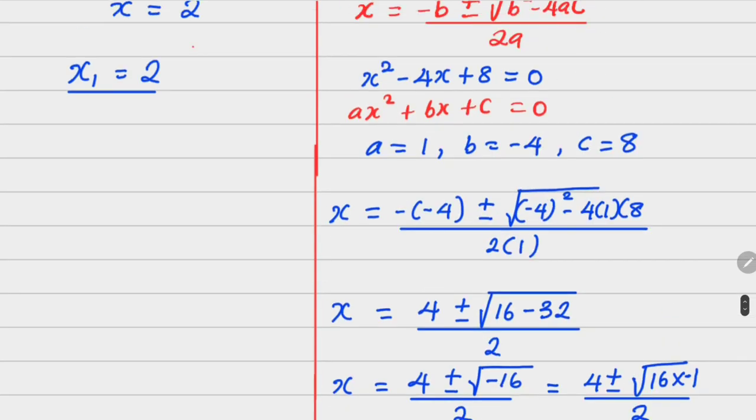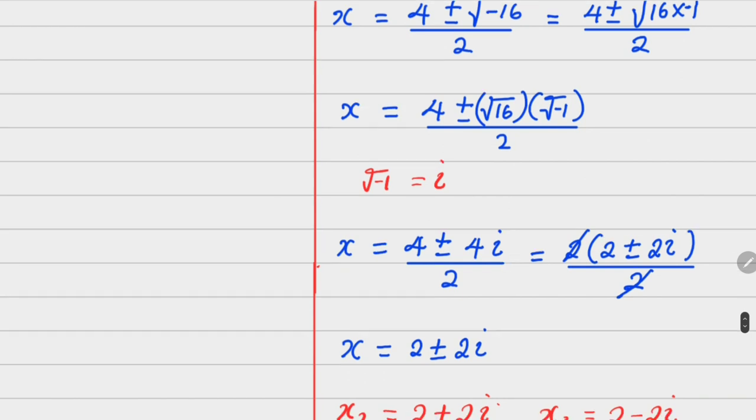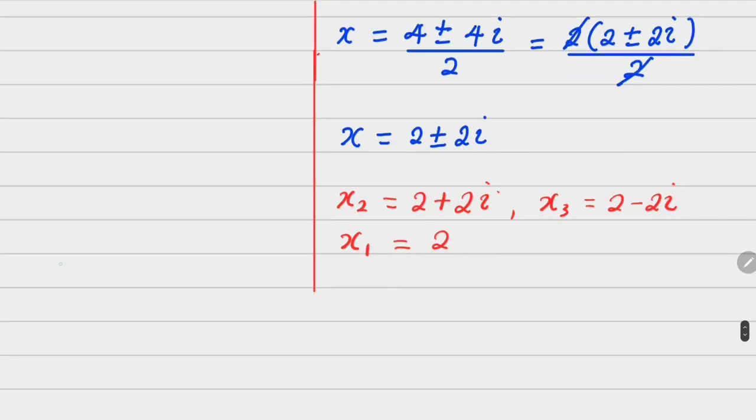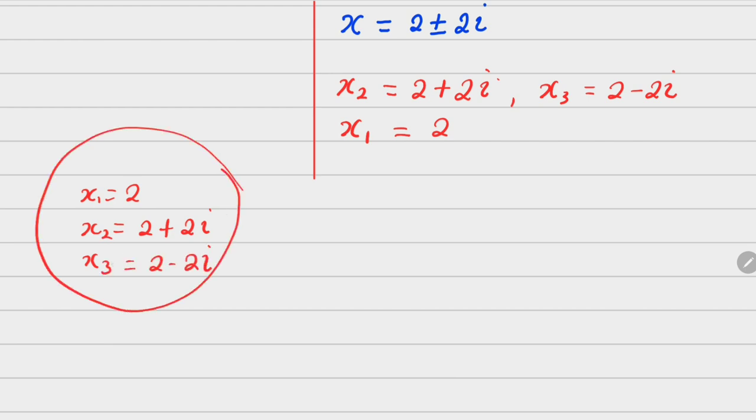Let me show you so that you can look at it here. So I have gotten the 3 roots. Look at them here: x1 is equal to 2, then x2 is going to be 2 plus 2i, then x3 will be 2 minus 2i. So this is the solution.